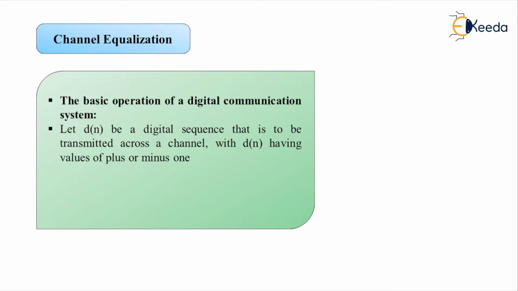This pulse generator will produce a pulse of amplitude level denoted by capital A at the time n if d(n) is equal to plus 1, and a pulse of the amplitude on the reverse side, minus A, if d(n) is equal to minus 1.